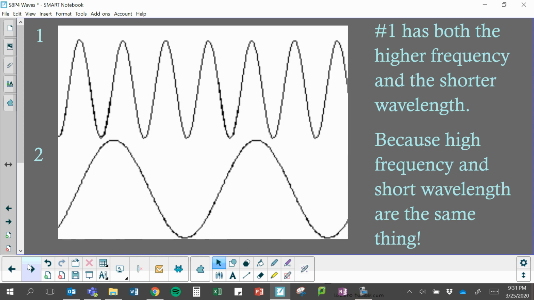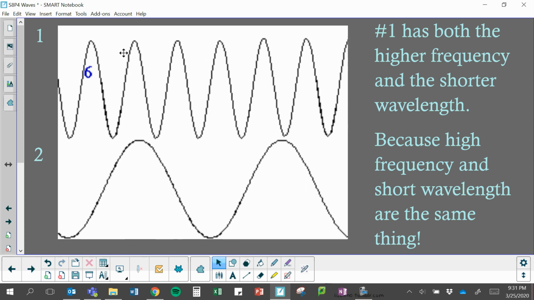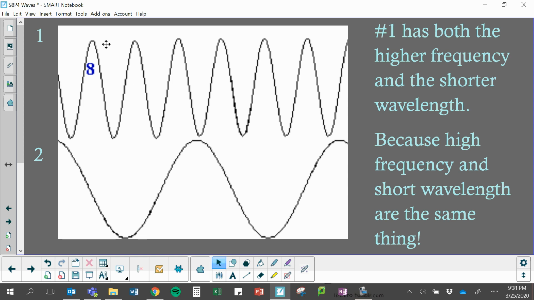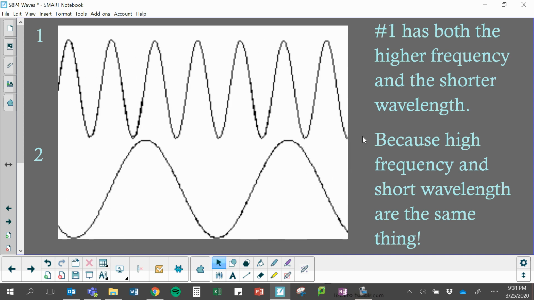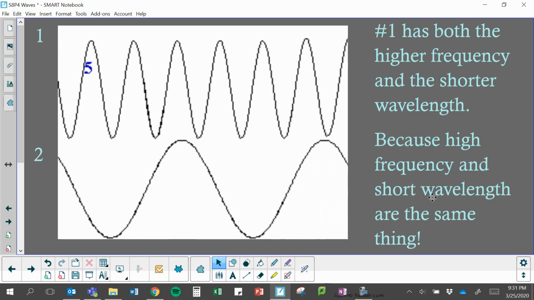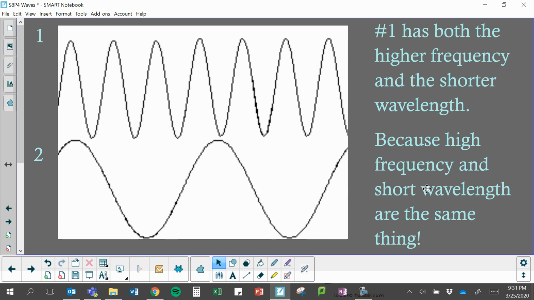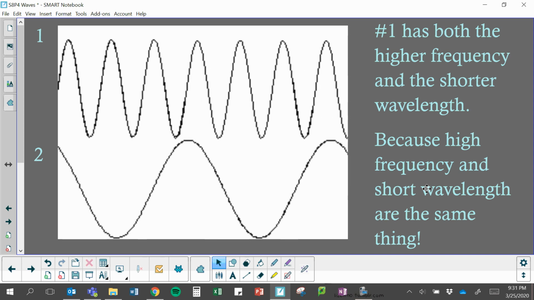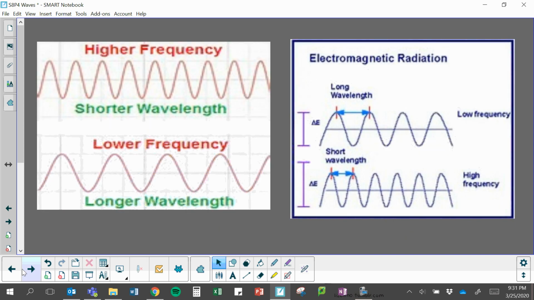And it also has a shorter wavelength because the distance between the two waves is short. High frequency and short wavelength are really describing the exact same thing. So we can have high frequency and a short wavelength, a lower frequency and a longer wavelength. That's what's showing here too.